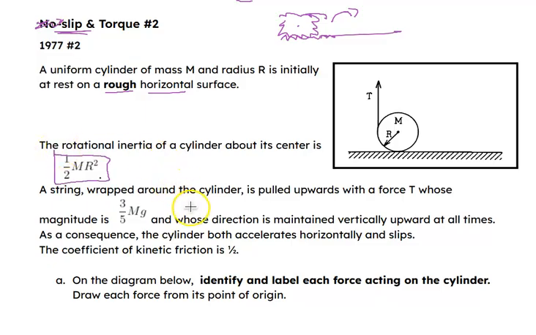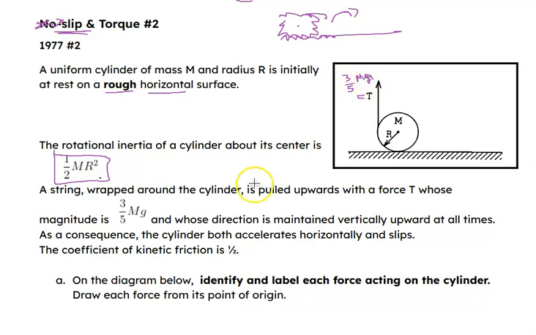Sometimes they do, sometimes they don't. And then you have a string that is pulled upwards. Think of this like the toilet paper lab, which you've done before, where that string had tension. They give you the magnitude of the tension in terms of the weight, so things will cancel.